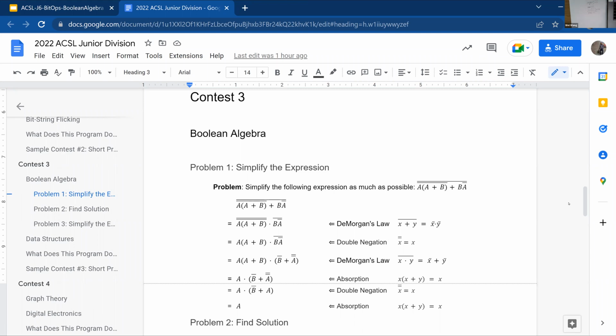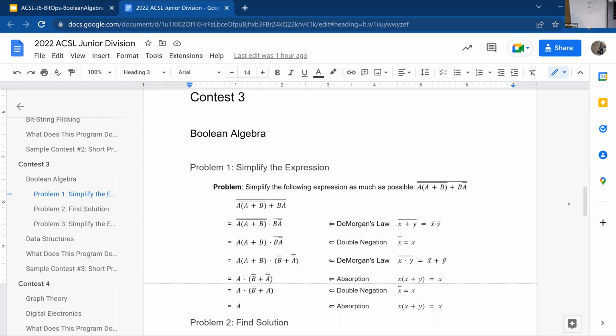That's a simple law. We apply this to that expression so that we can take out this first level of not, and then this becomes these two parts.